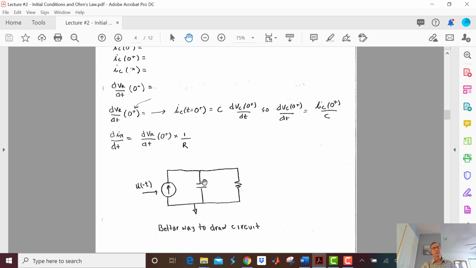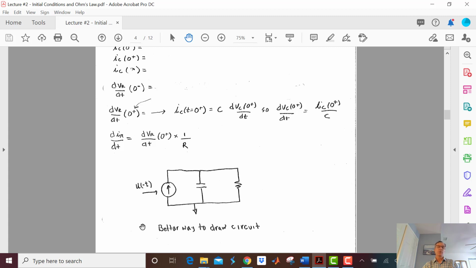What I'm going to do is draw the current source like this, and I'm going to use the unit step function. And you remember that the unit step function is 0 for any time less than 0, and it's going to be unity at any time above 0.